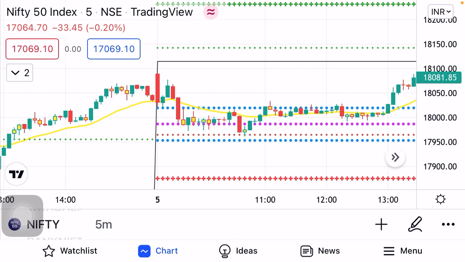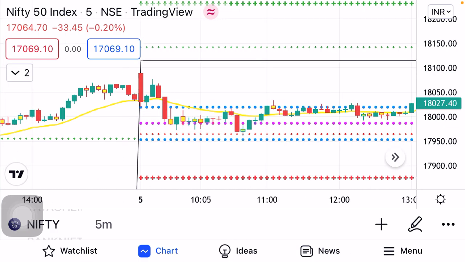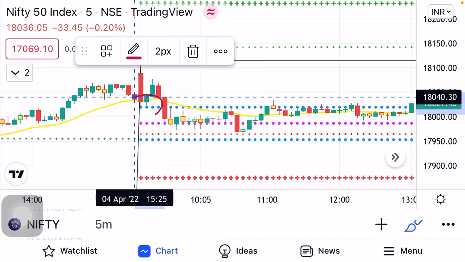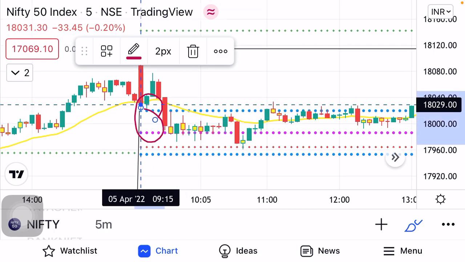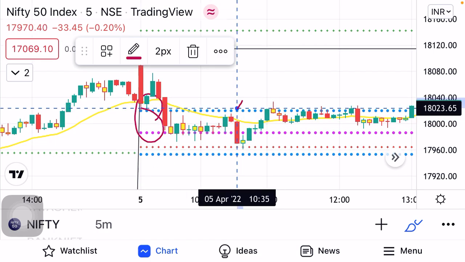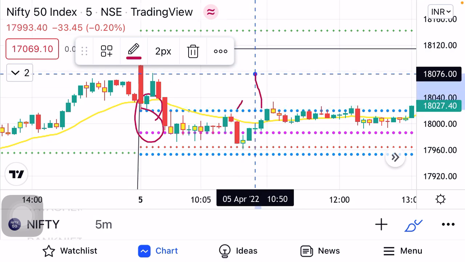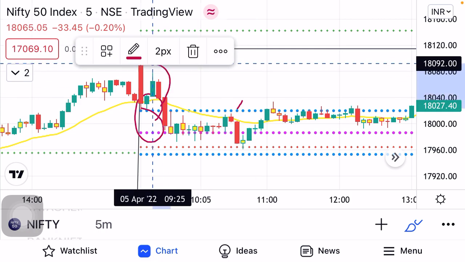Okay, if you are an option buyer and you have taken a call position here at this point, the market's position is 18,023 and this second candle is 18,076. That is more than 50 points. So 21 points will be given in these two green candles.